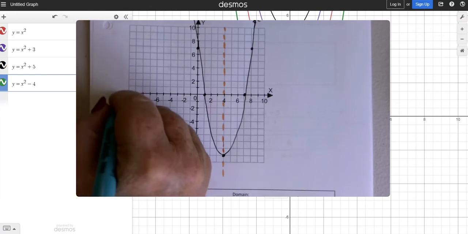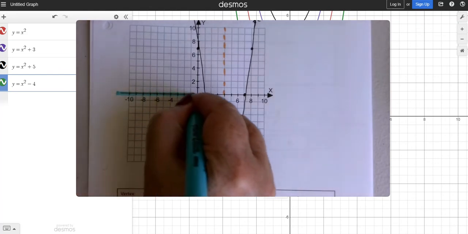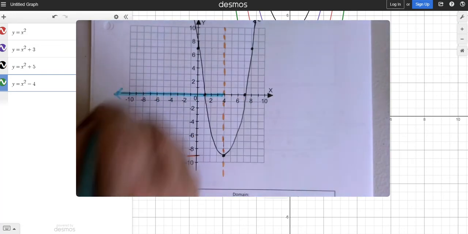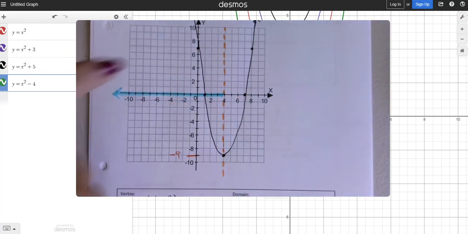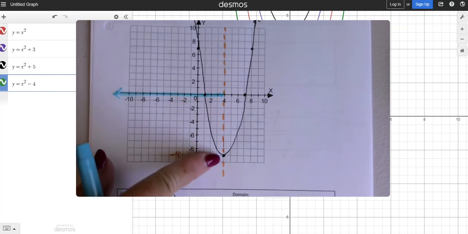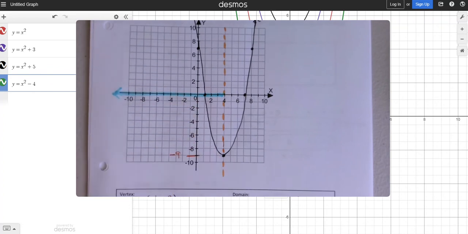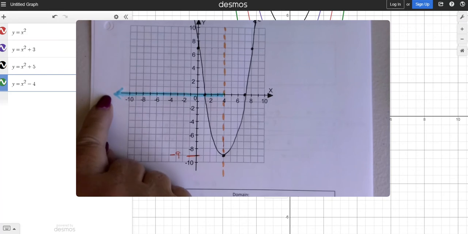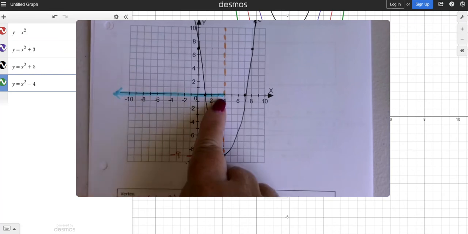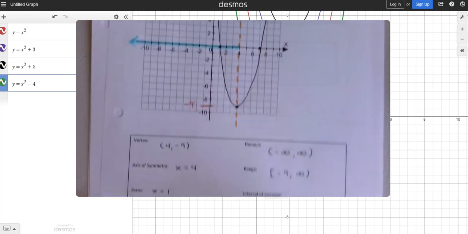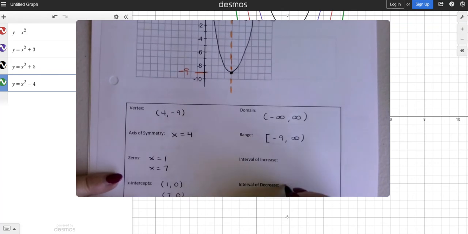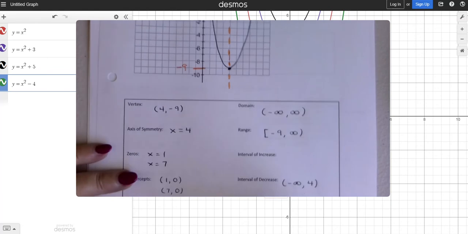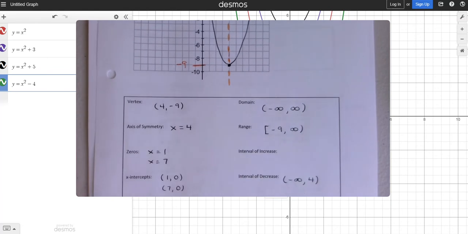So as far as the x values are concerned, all of these x values correspond to places that are decreasing on the parabola. So from negative infinity to 4. That was that decrease. We always use parentheses for increase and decrease, never brackets.